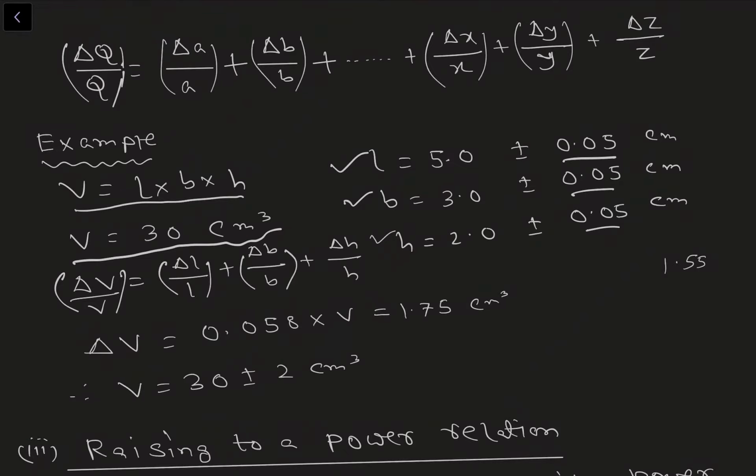So the relative error in the volume will be the relative error of L plus relative error of breadth plus relative error of height. It is coming out to be 0.0058. Now we have to multiply it with V to get the absolute error. So it is 1.75. Let us take one significant digit and represent it as 2 centimeter cube. So this is our calculated value of volume, 30 plus or minus 2 centimeter cube.